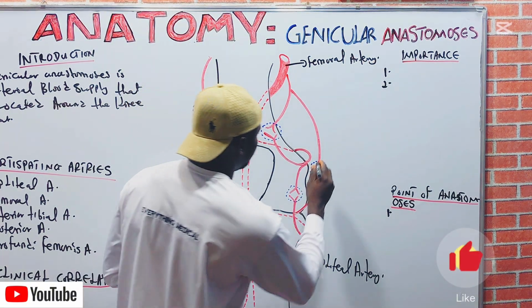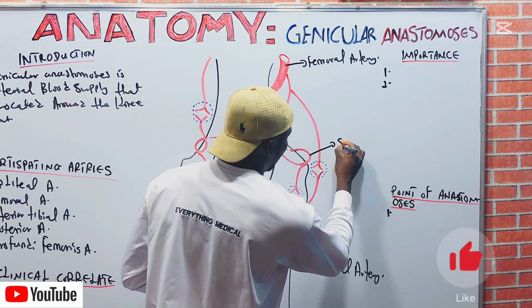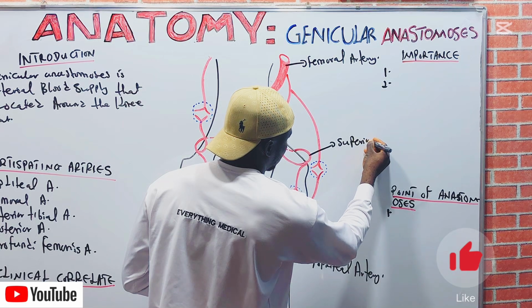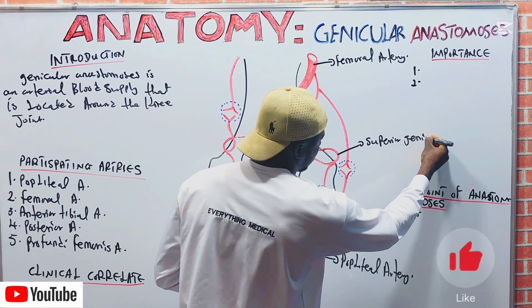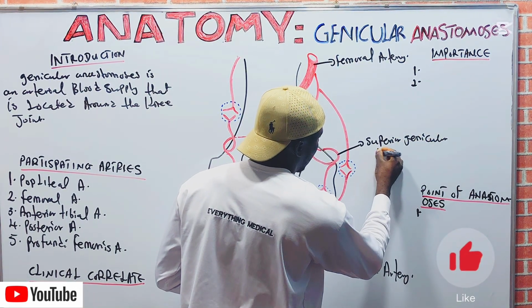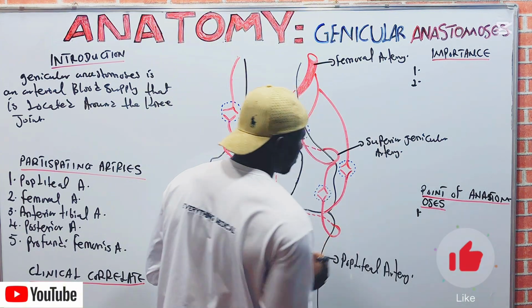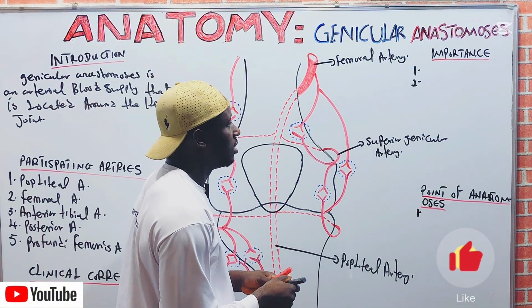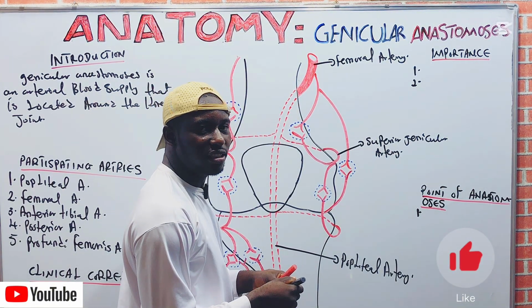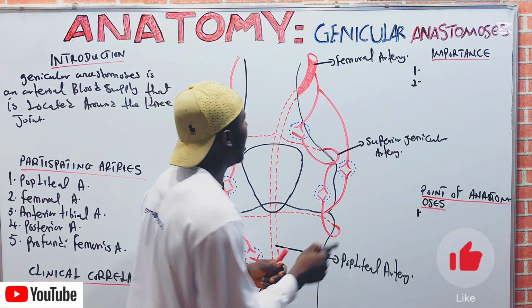Now see it here. The superior genicular artery anastomoses with the descending genicular branch of the femoral artery.